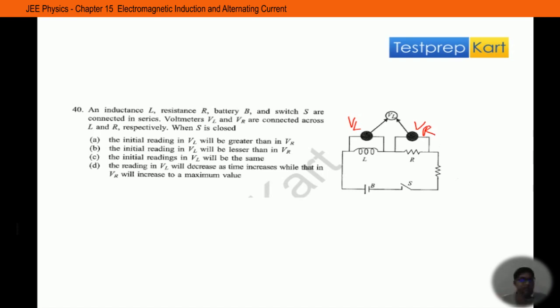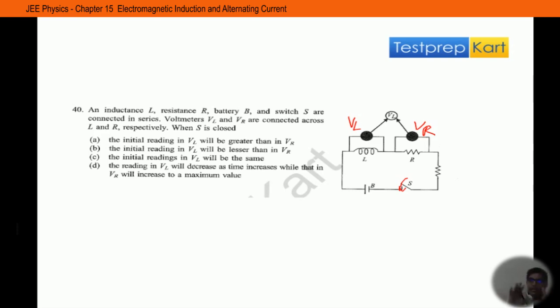When switch S is closed, then what will we observe? So let's read the options once so that we can frame our answer. It is saying the initial reading of VL will be greater than VR. The initial reading of VL will be lesser than VR. The initial readings of VL and VR will be the same. The reading of VL will decrease as time increases while VR will increase to its maximum value.